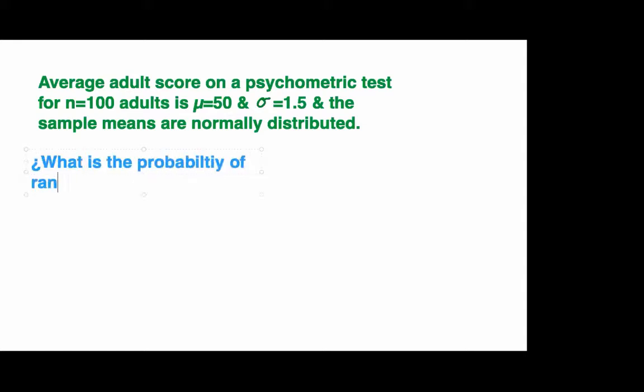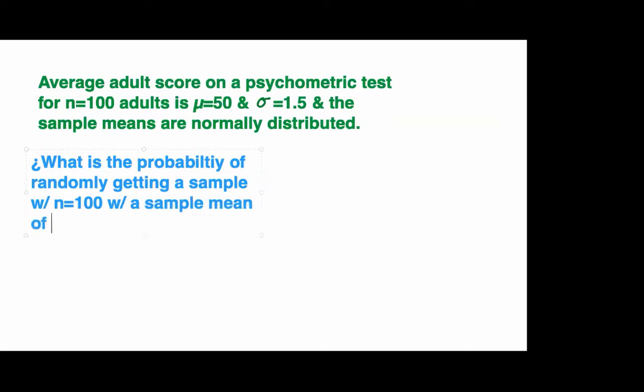So, what is the probability of randomly getting a sample of 100 adults with a sample mean of 55 or higher? Now again, this is higher, so we wouldn't want equals. At first pass, you'd think, oh, this is a norm dist function.